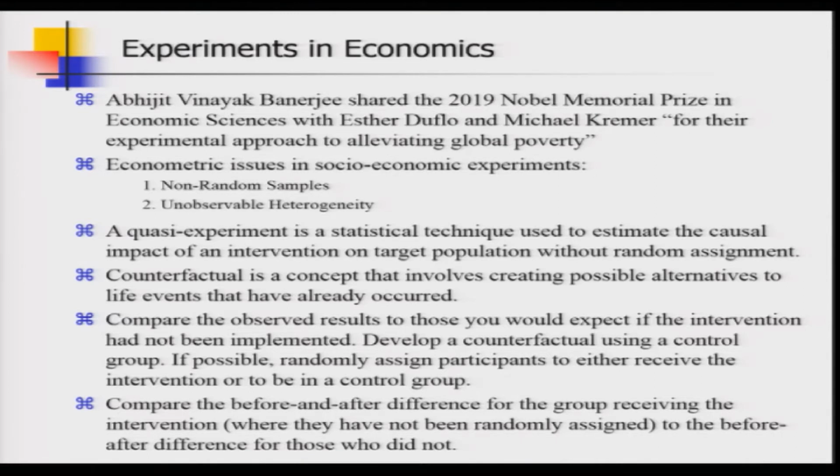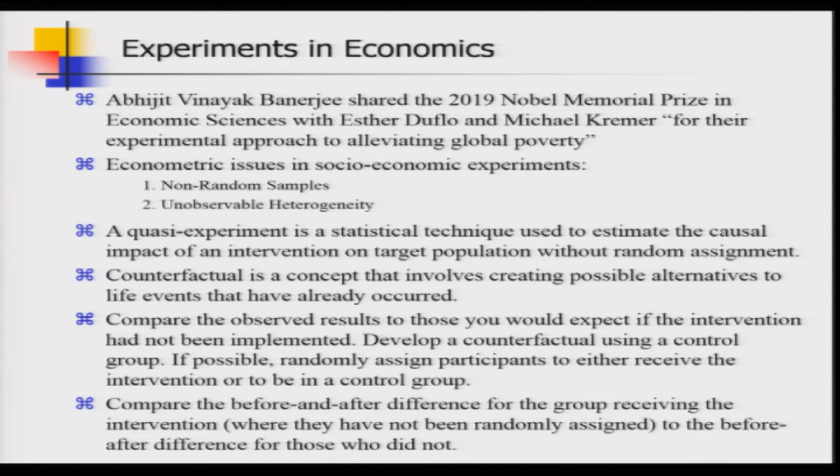So, it is basically talking about what if scenarios. Now you have to make use of this counterfactual strategy, and you can compare the observed results to those you would expect if the intervention had not been implemented. Okay. So, you have to develop a counterfactual using a control group.